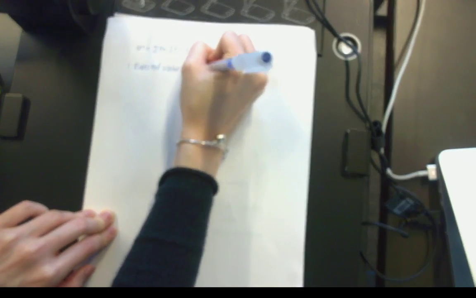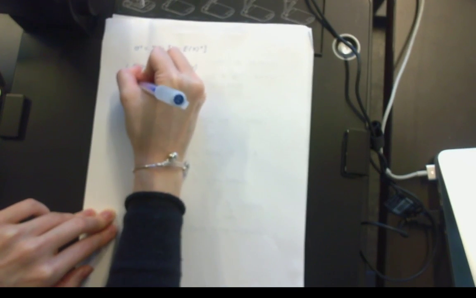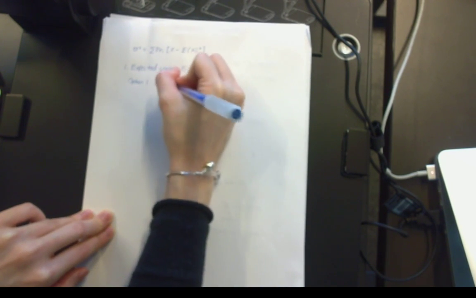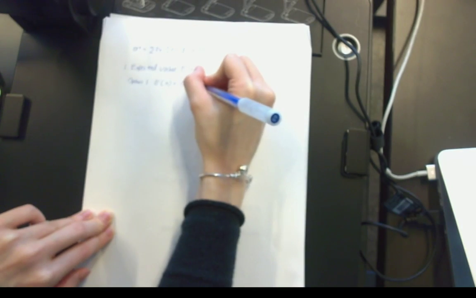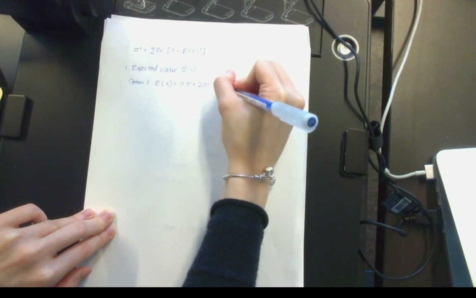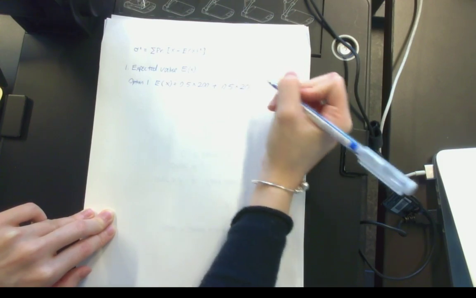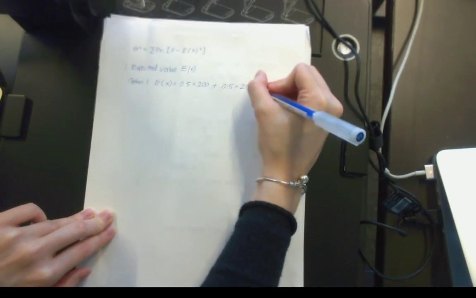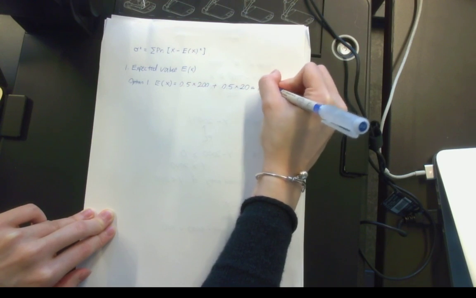For option 1, you have a 50% chance of getting $200 and a 50% chance of getting $20. That gives you an expected value of 110.